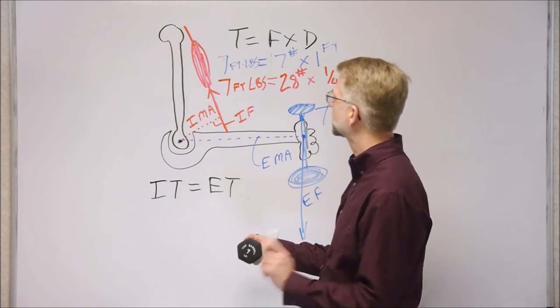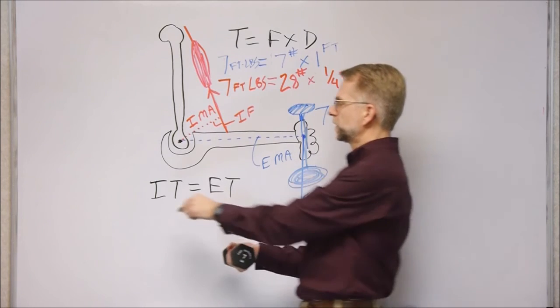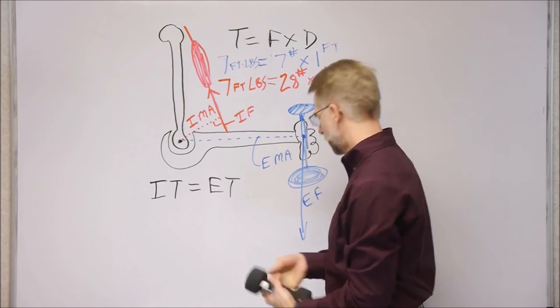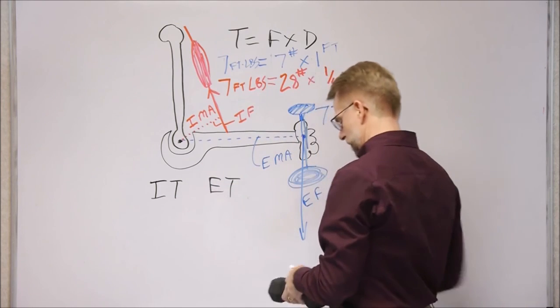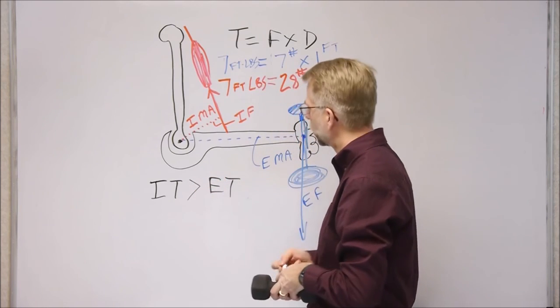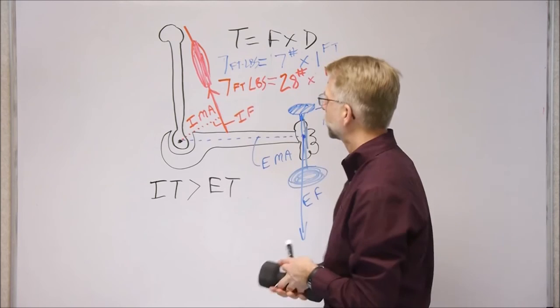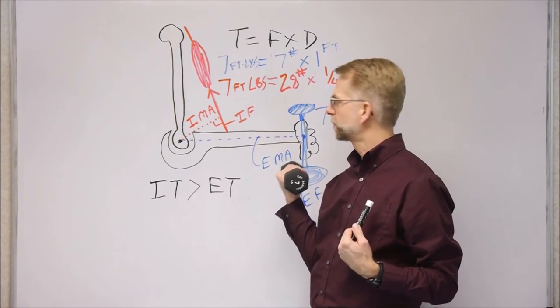All right, you'll notice that does not mean the internal force is the same as the external force. It just means that the torques are equal. If, on the other hand, my internal torque is actually greater than my external torque, the internal torque wins, and when the internal torque wins, I'm going to lift that weight up in the air.